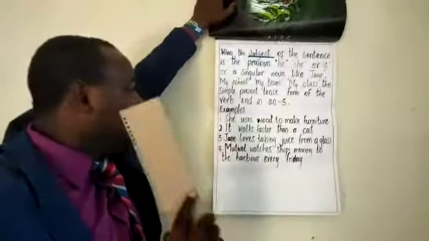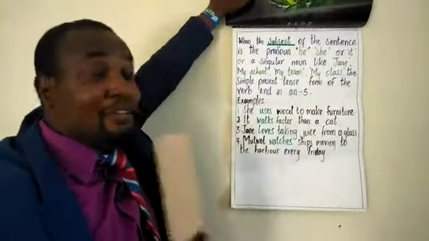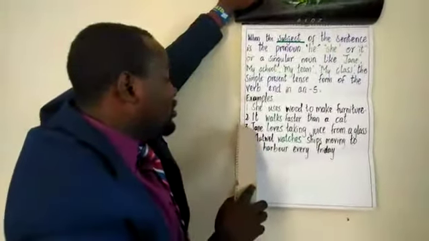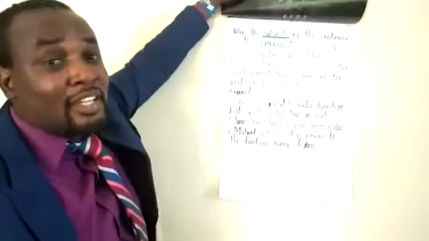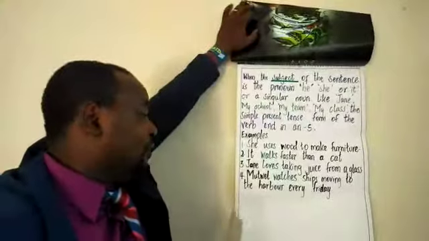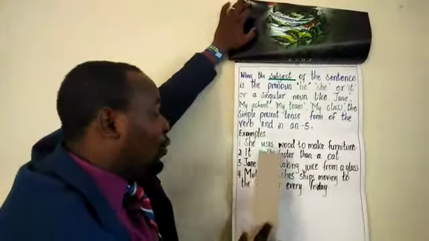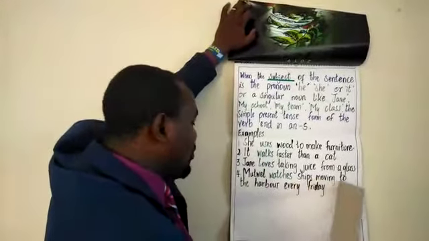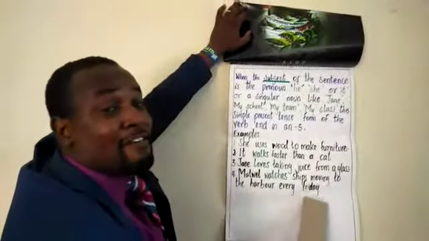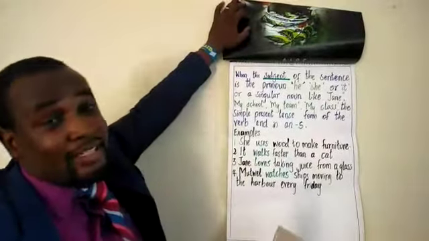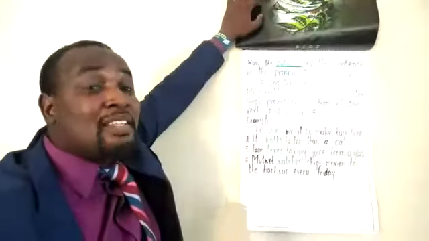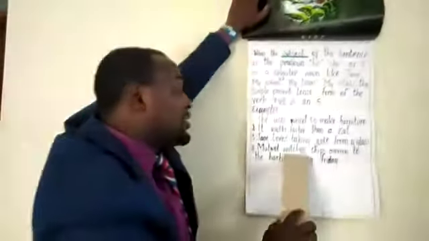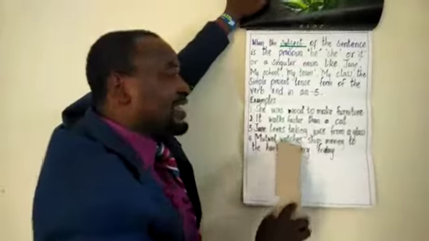Jane loves taking juice from a glass. We don't say Jane love. We say Jane loves, because Jane is singular. Mutual watches ships moving to the harbor every Friday. Mutual is a noun, but in singular form. So the verb ends in s. Hope we are together.